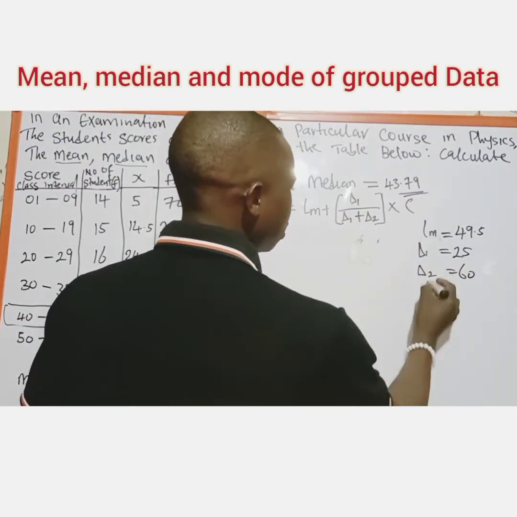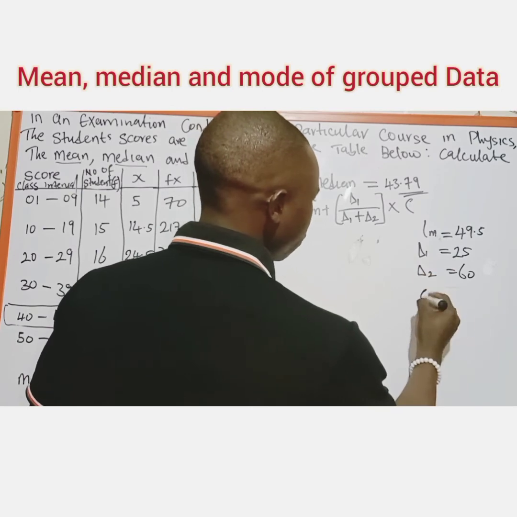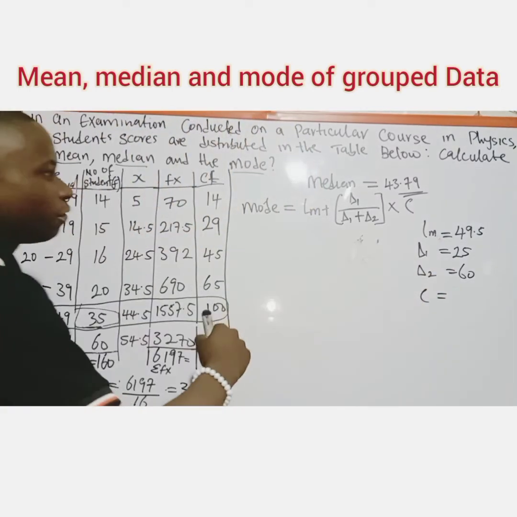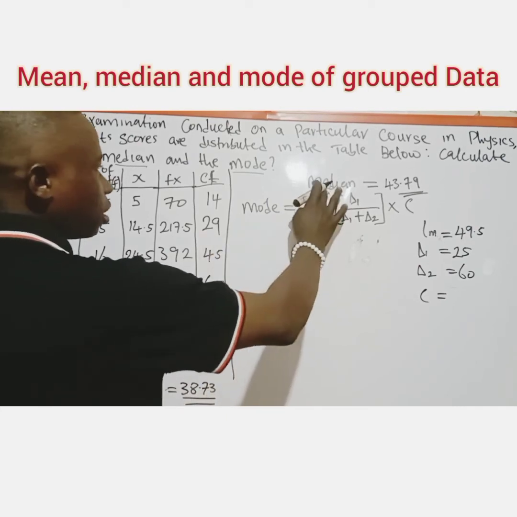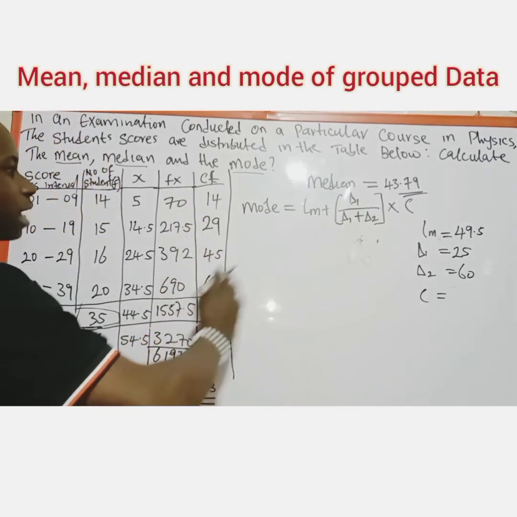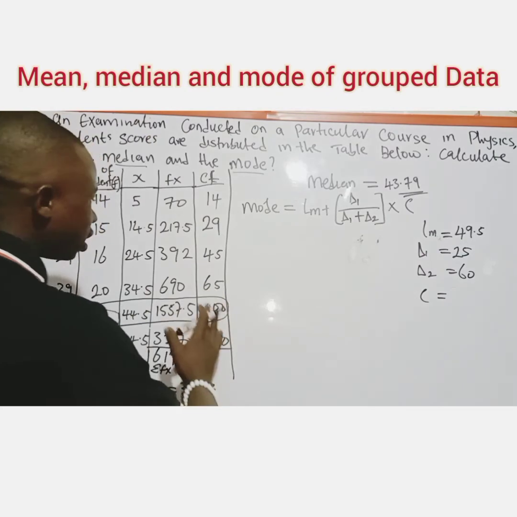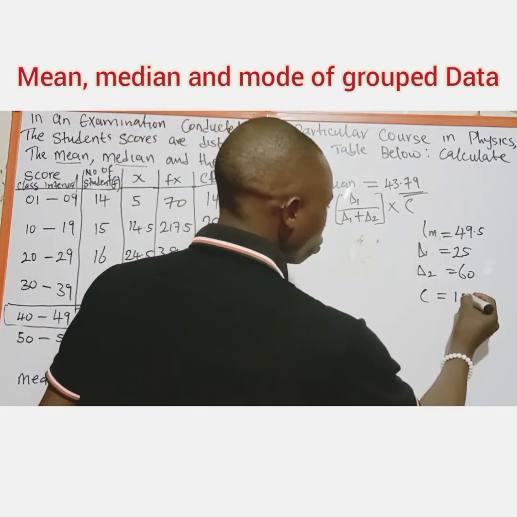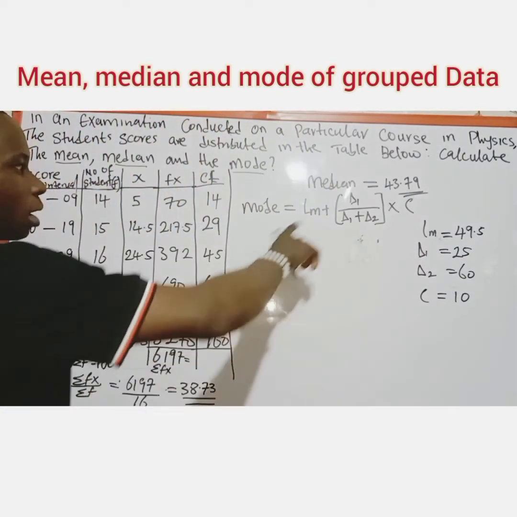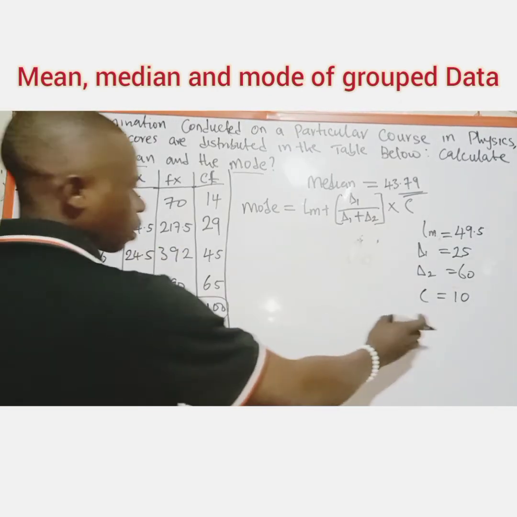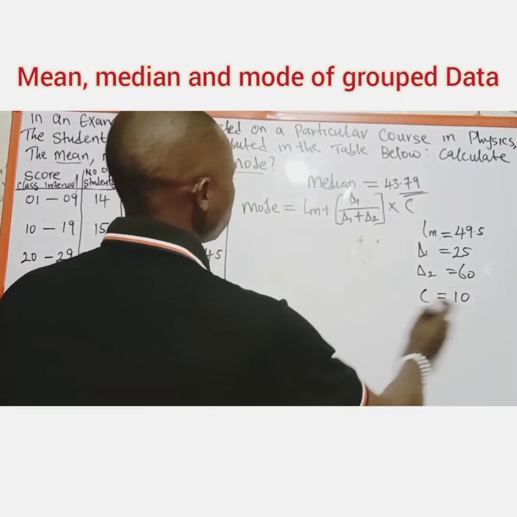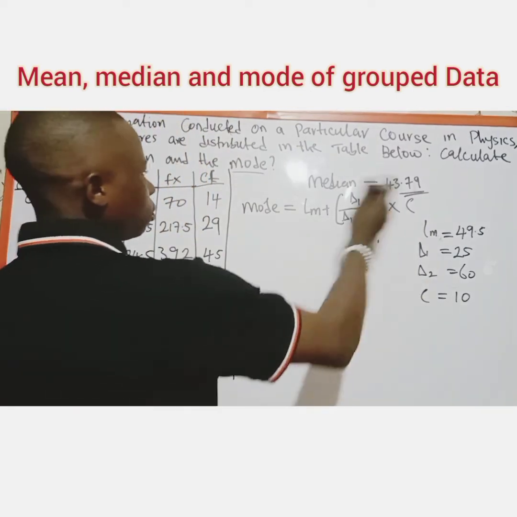And to get the last data here, which is C, from our previous formula that we used to calculate the median. Since it's the same data, our C is the class size of this data, which is 10. Initially we calculated C to be 10. So we are going to substitute into this formula.